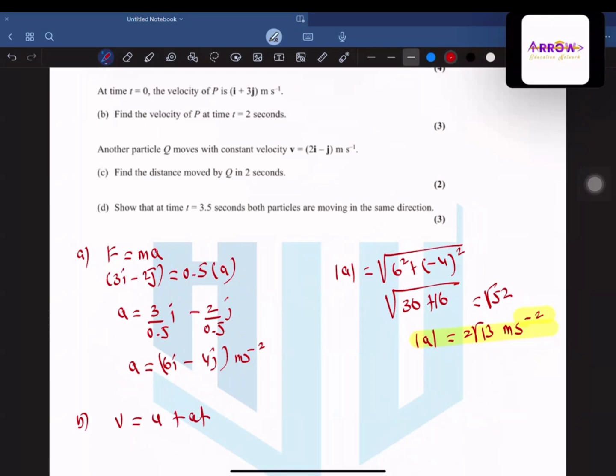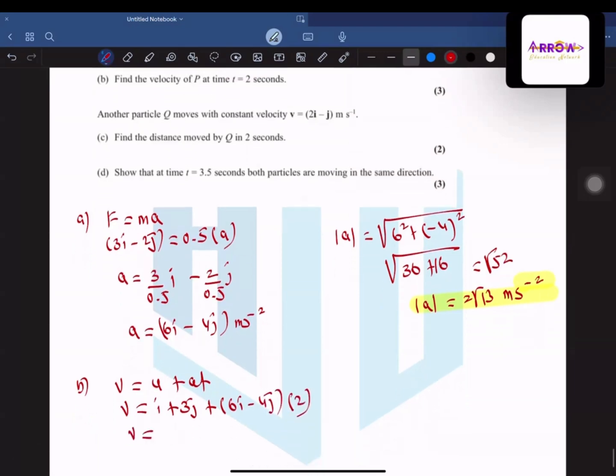For part B, I can say that v is equal to u plus at, and we need to find the final velocity vector at time t equal to 2 seconds. The initial velocity vector is given in the question, i plus 3j meter per second. So u is i plus 3j, and the acceleration vector we found in part A is 6i minus 4j. Time is 2 seconds. So v is equal to i plus 12i, and 3j minus 8j.